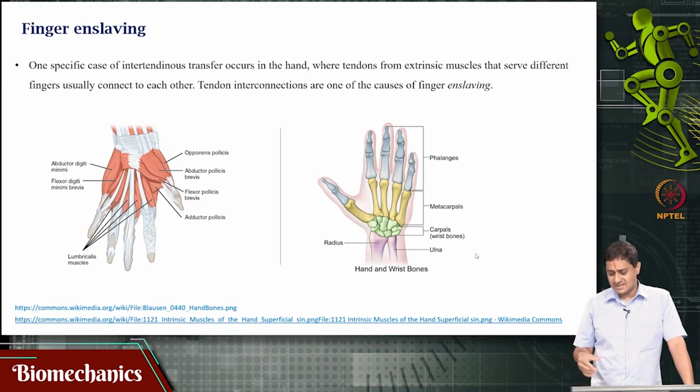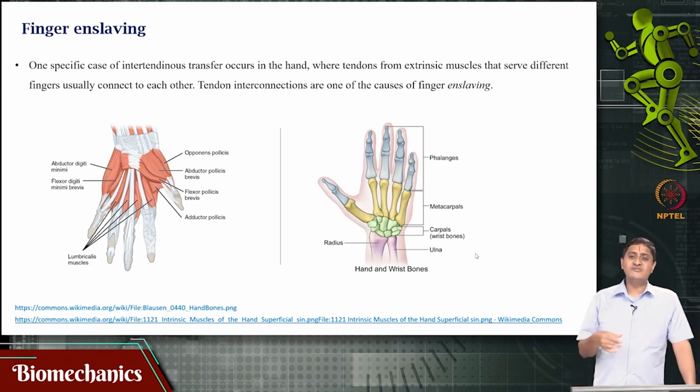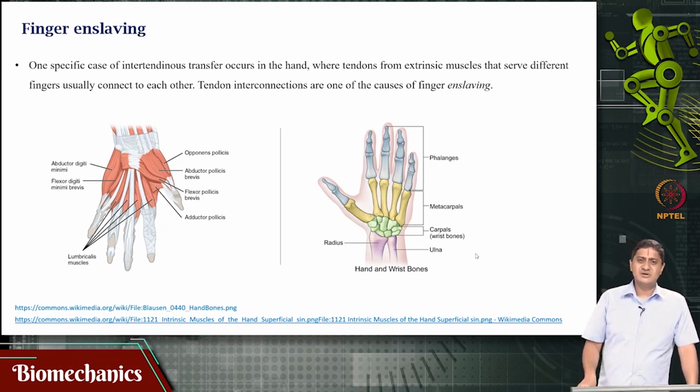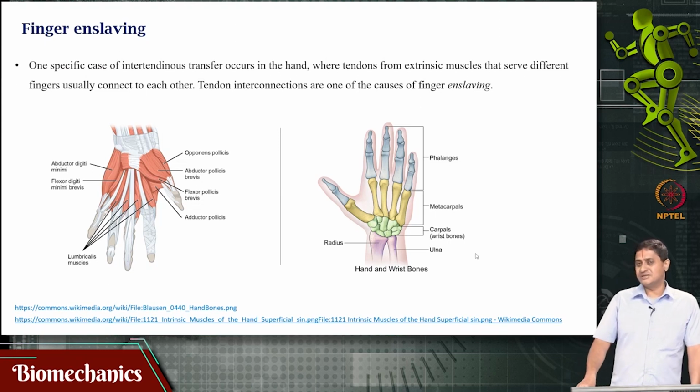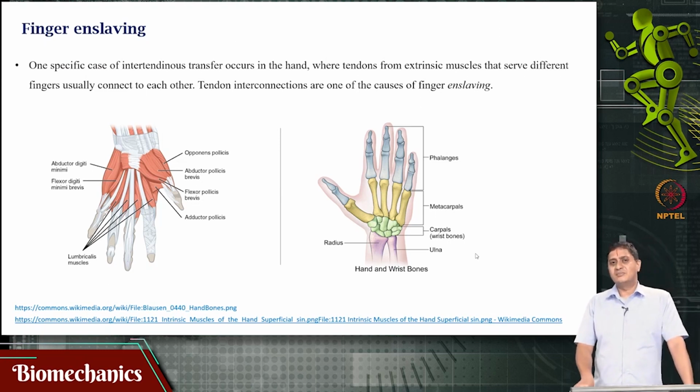There is a compromise in the amount of individuation that a finger has, right. So, enslavement is a measure of finger interdependence. Between fingers there is interdependence. Enslaving or enslavement is a measure, if we can quantitatively measure it, essentially a measure of finger interdependence.